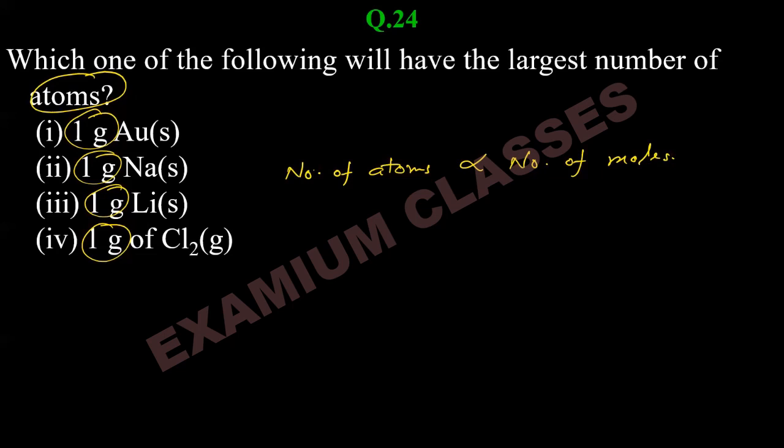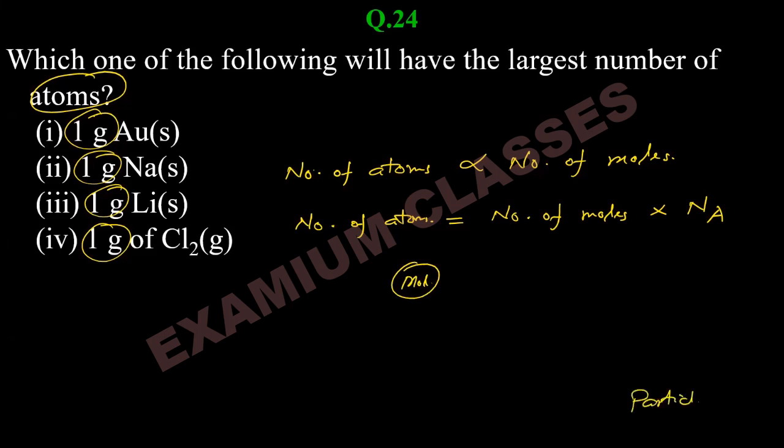Because number of atoms is equal to number of moles multiplied by Na. You remember this relationship? Number of particles, if you get moles here, if you do this conversion, you need to multiply by Na. You know this. And Na is constant.